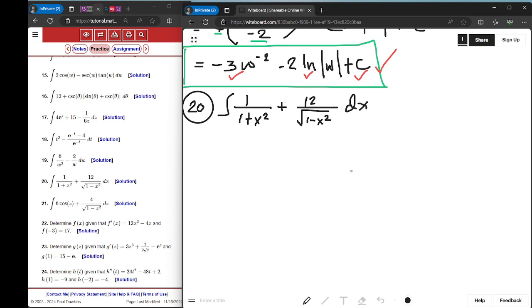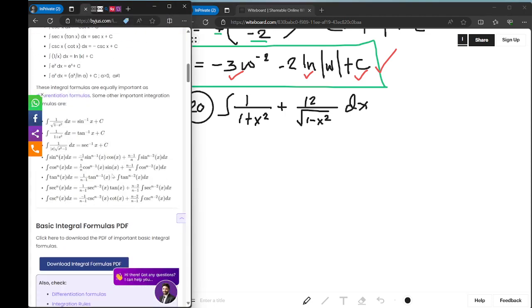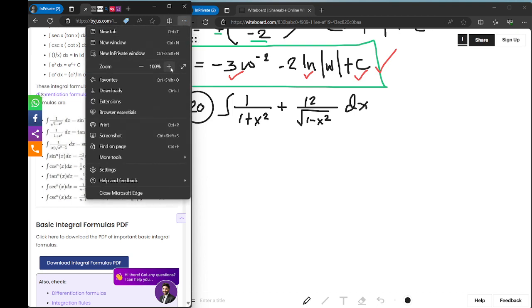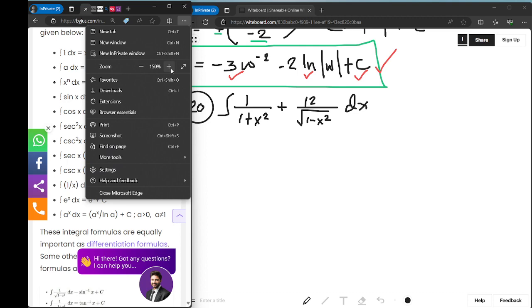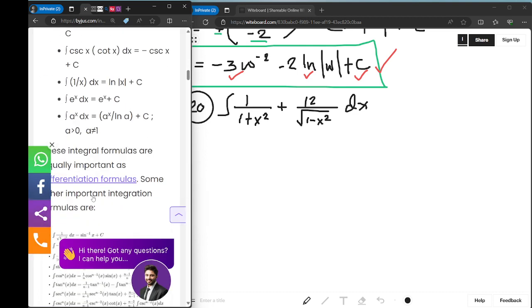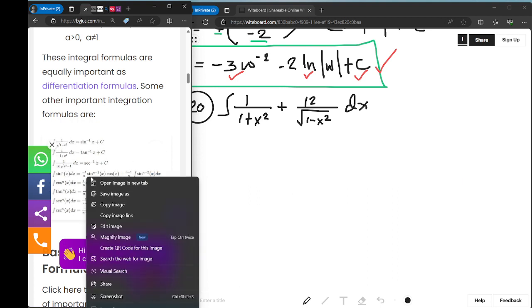Do we have integral formulas for these? Let's check. Hope we have. Let's try to zoom in. Oh no, it can't be zoomed in.